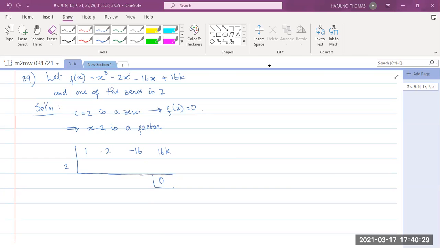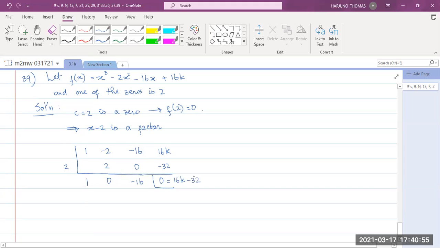Work it out. So this is 1, 2, 0, 0, negative 16, negative 32. Now, the sum of these two has to be 0 by the factor theorem.